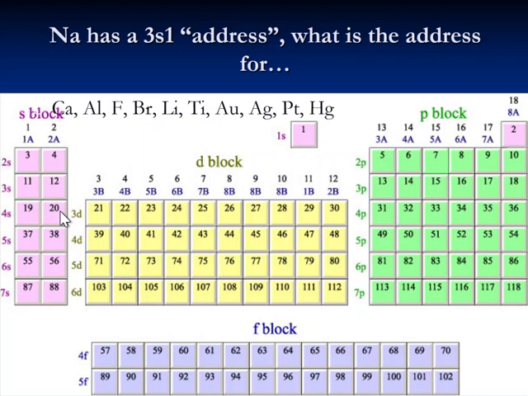All right? How about aluminum? What would aluminum's so-called address be? Well, aluminum is atomic number 13, and so we're going to call it a 3p1 because it's in the first of these 6 blocks of p electrons that you could have.